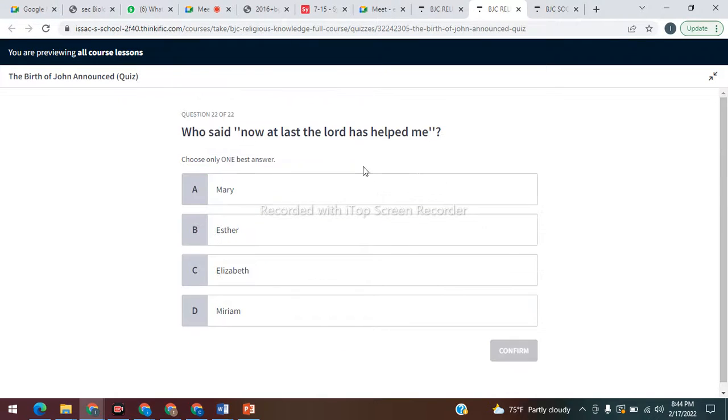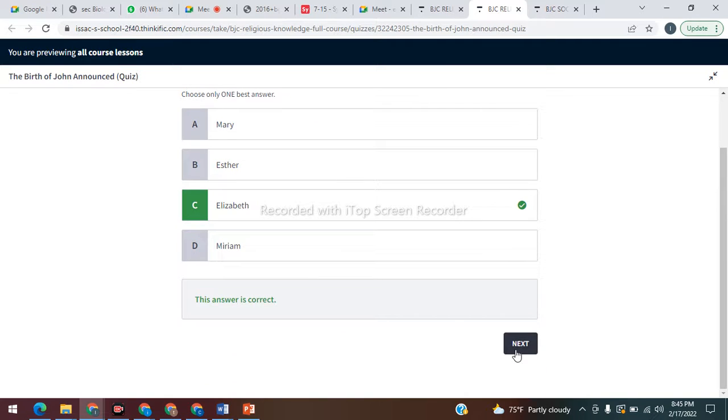Who said, "Now at last the Lord has helped me"? This is why we shouldn't read the notes first, then the test. I think Elizabeth. Very good, Lionel.